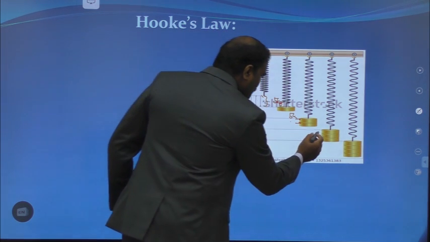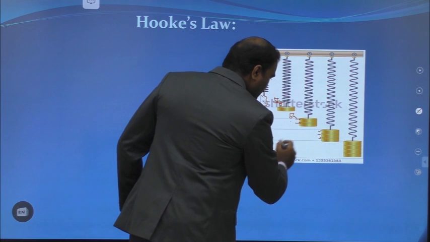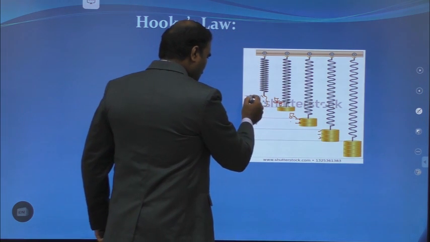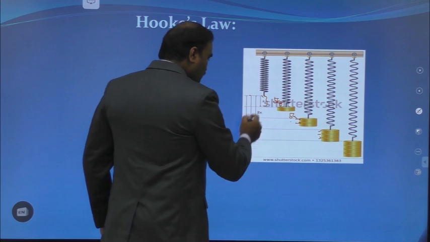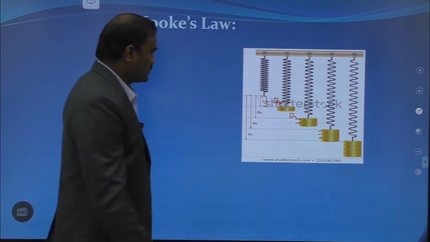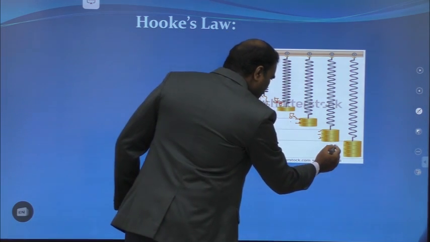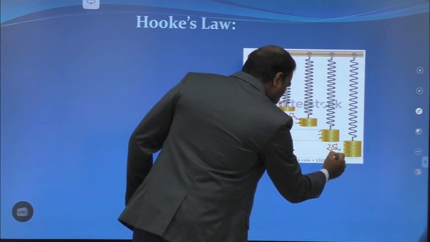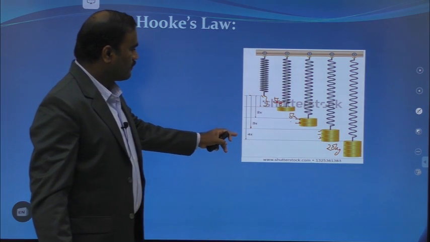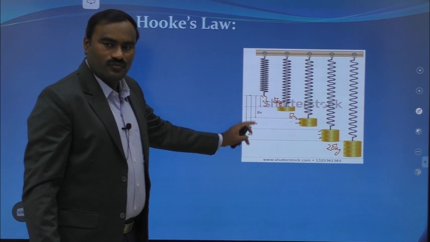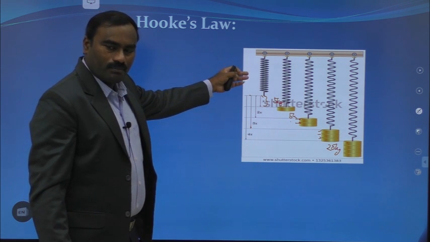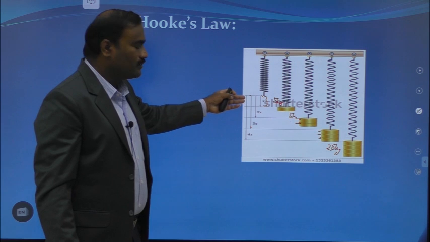When we apply 15 kg, the elongation becomes 3 times, and when we apply 20 kg, the elongation becomes 4 times that for a load of 5 kg.